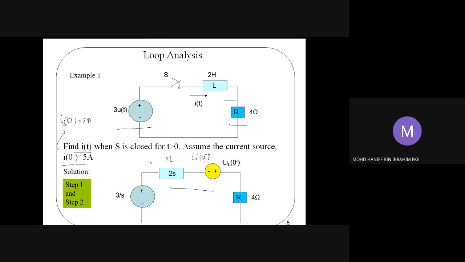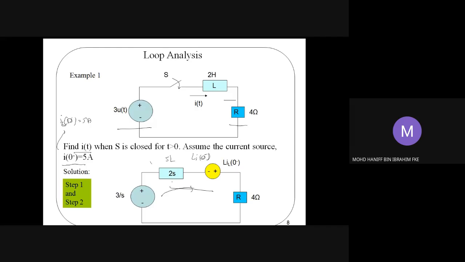Please bear in mind that the polarity of the voltage source is against the direction of the voltage drop. Because your current is flowing in this direction, the voltage source has a direction against the current, so it has negative and positive polarity. Since your inductor is 2 Henry, you have 2S as the impedance value.